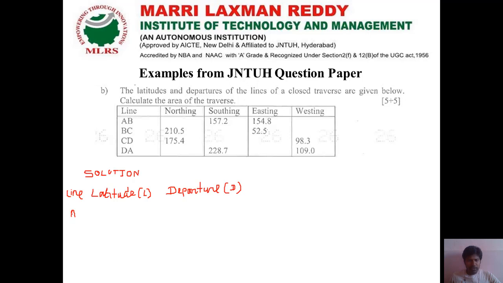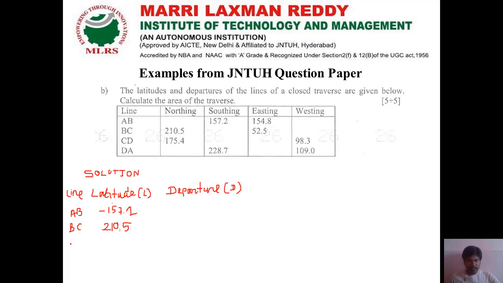The first line is AB. The latitude value is southing, minus 157.2. Next is the line BC, that is northing 210.5, so plus 210.5.